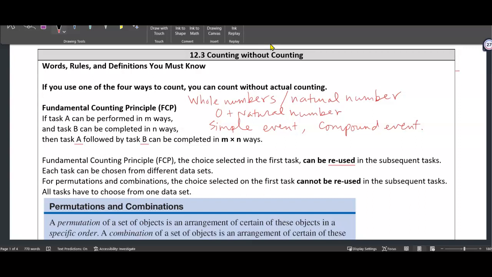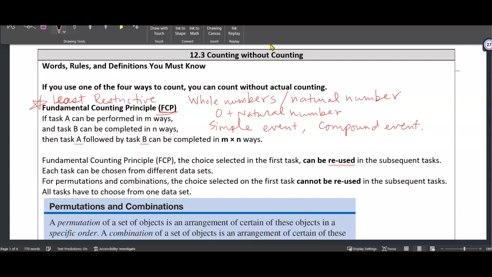So the first method that we have learned is the FCP, which stands for Fundamental Counting Principle. This is the least restrictive method, so it applies to a wide range of cases.